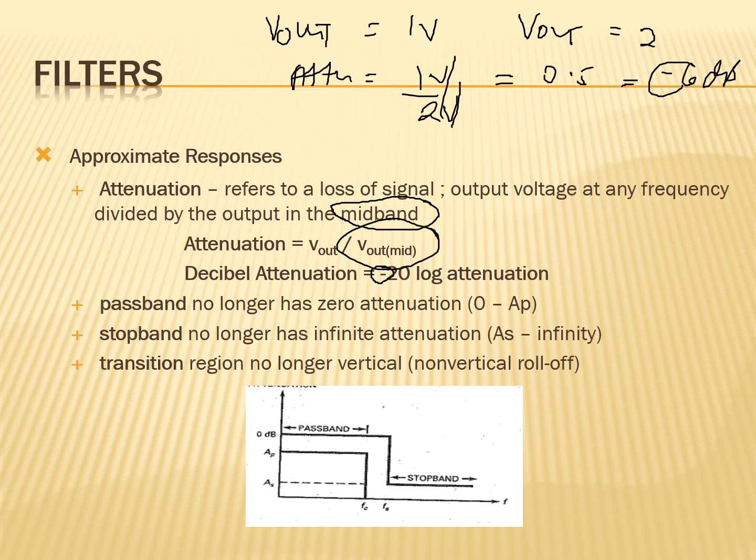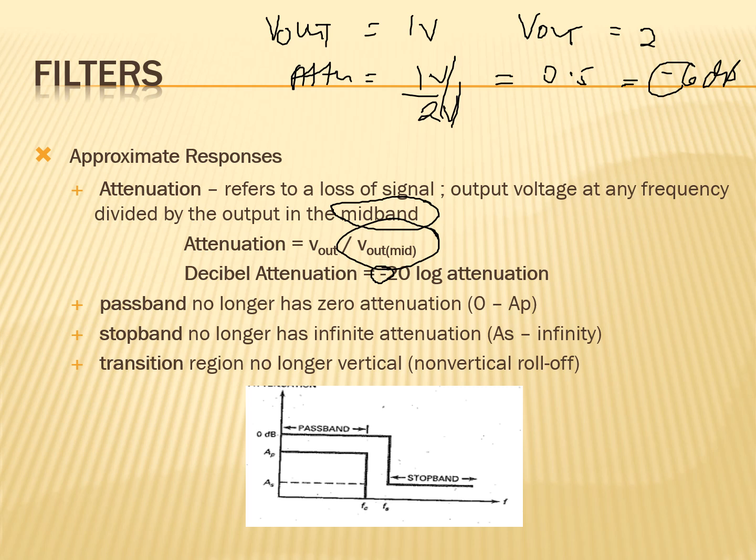For a realistic response, this is how practical low-pass filters are implemented or built. Instead of having zero attenuation for the pass band, the pass band is from 0 to FC, while the stop band doesn't start right away.